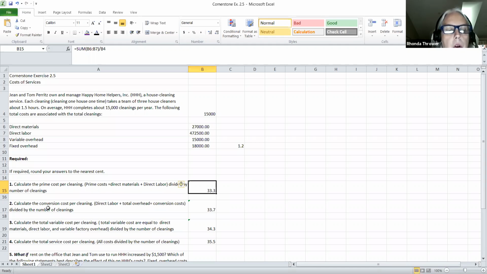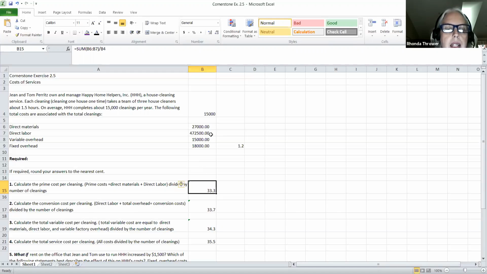In part 2, they want you to calculate the conversion cost per cleaning. First of all, you would need to find the conversion cost. The total of the conversion costs is found by adding your direct labor and your total overhead together.